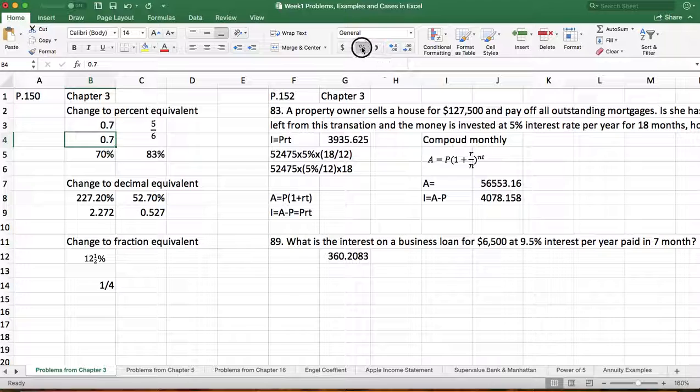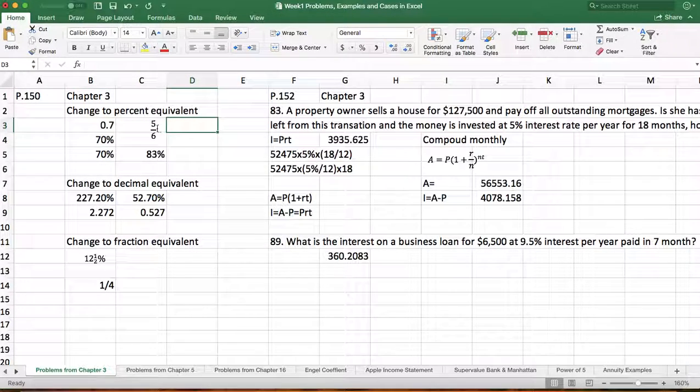You just click this one. You get 70%. This is the decimal. If you want more decimal points, you just click this one. You get 2 decimal points. If you want fewer decimal points, you just click this one. Now, no decimal point.